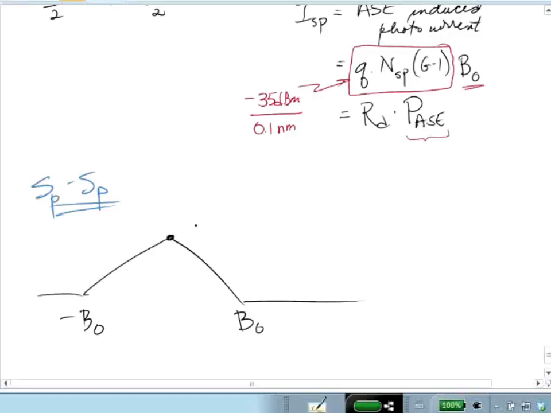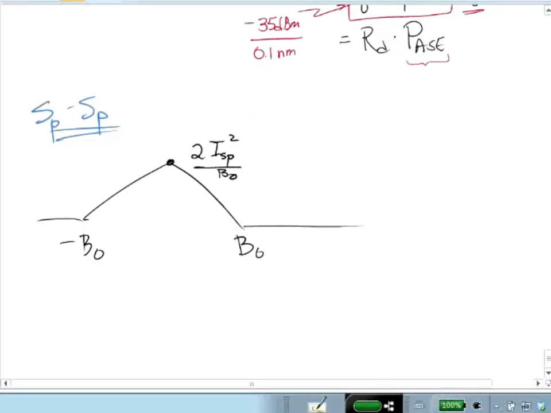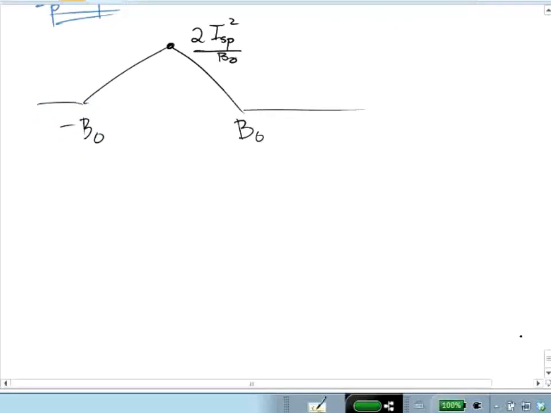And the height of this triangle is 2 ISP squared divided by the optical bandwidth. And we've already defined all these. So these spectrums represent the noise due to ASE, which is out at the output of the PIN.